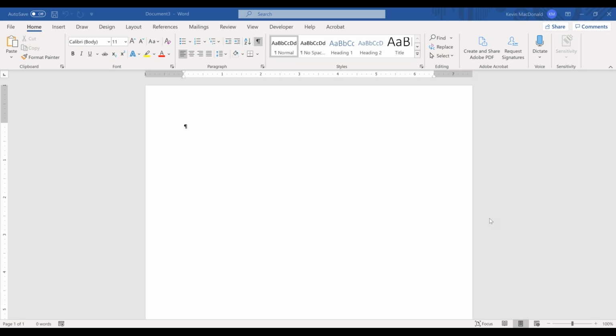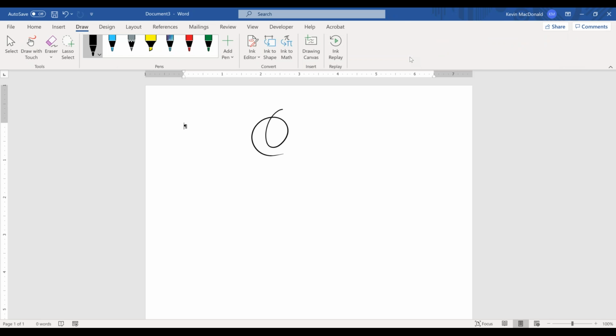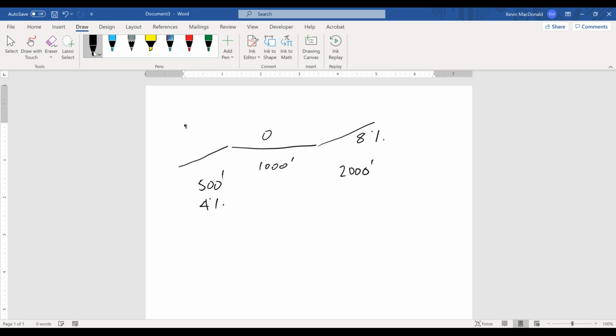Okay, so we need to remember we had 500 feet at 4%, 1,000 feet at 0, and then 2,000 feet at 8%.